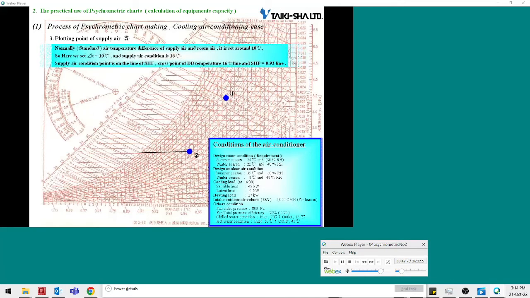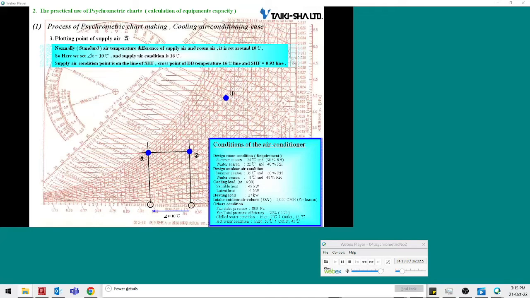Let's set the outlet air temperature. For general air conditioning, the outlet air temperature difference is often set at 10 degrees Celsius, so, this time, we also set the difference at 10 degrees Celsius and the outlet air temperature at 16 degrees Celsius. Set the outlet air temperature to be on the coordinate line of the sensible heat factor on the chart.